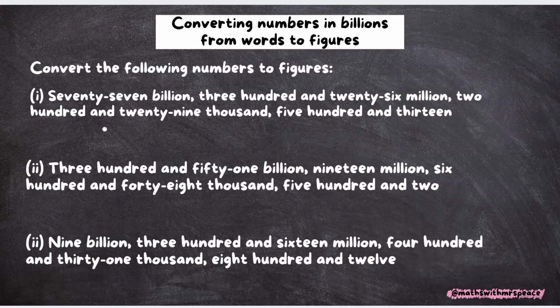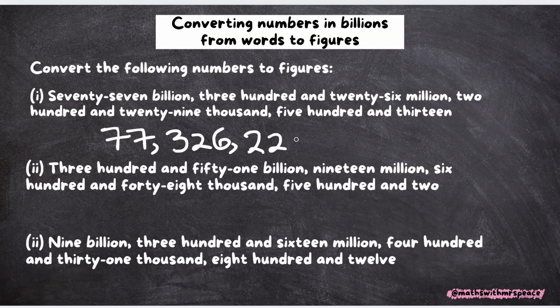I'm just going to go ahead and write 77 billion, and I put my comma. 326 million, put my comma again. 229,000. And we have 513. So simple and straightforward. This one has got no hassle at all.